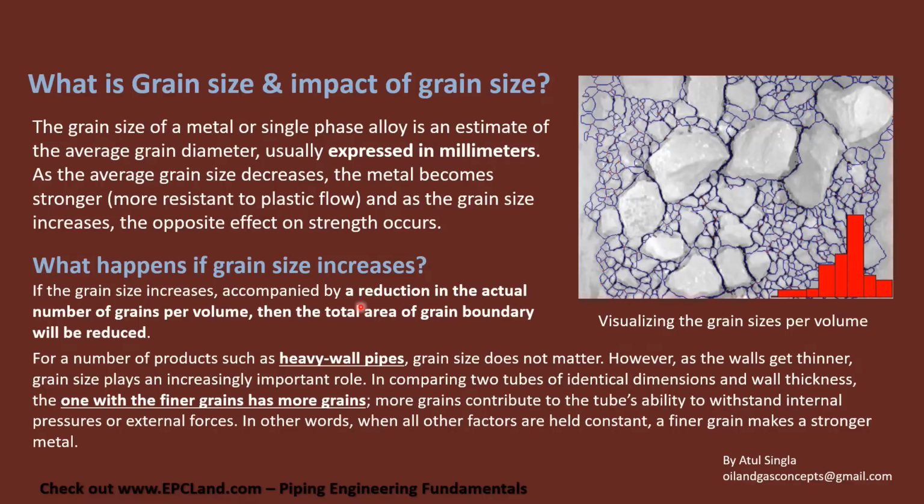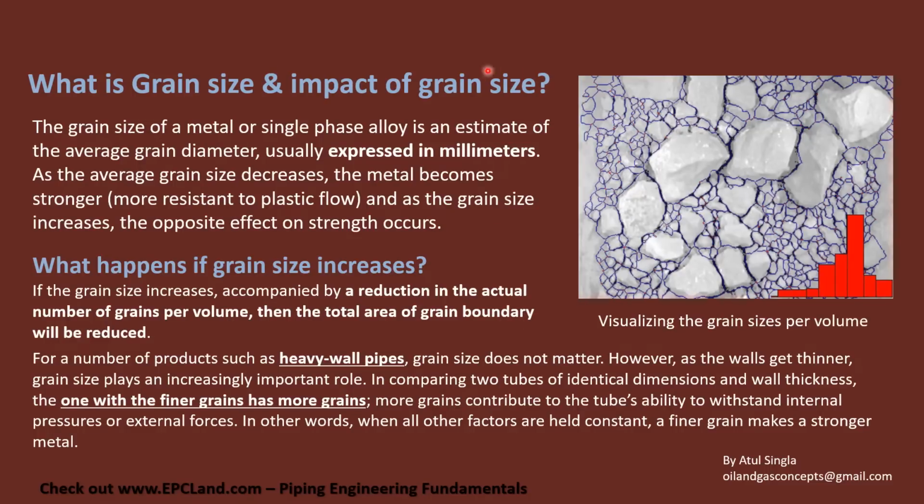In comparison, if we compare two pipes with identical dimensions and wall thickness, the one with finer grains has more grains. More grains means it contributes additional ability to withstand the internal pressure. In other words, when all other factors are held constant, finer grains make a stronger metal, right?